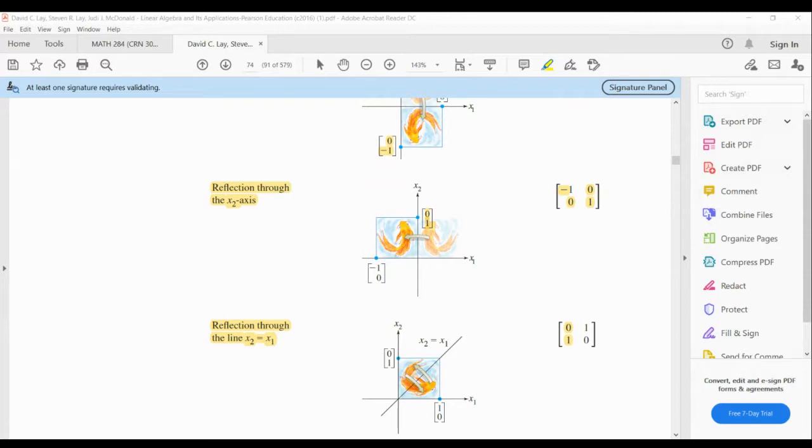That's right, Benjamin. 1, 0 gets mapped to 0, 1. When you reflect the vector 1, 0 about that 45-degree angle line, 1, 0 gets mapped to 0, 1. Very good. Well, the second vector in the matrix is 1, 0.